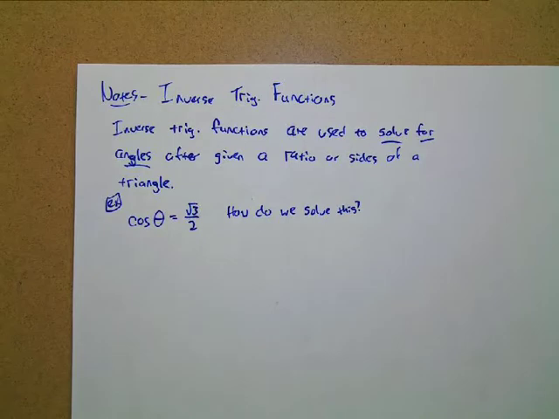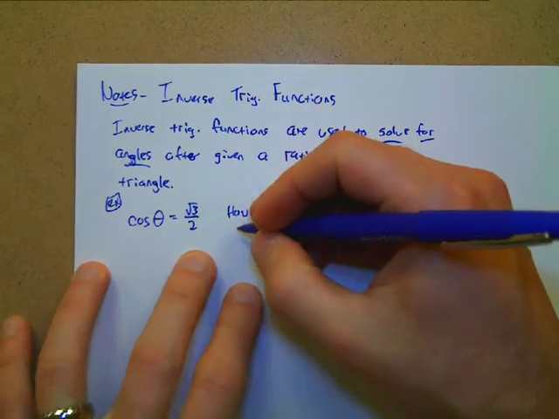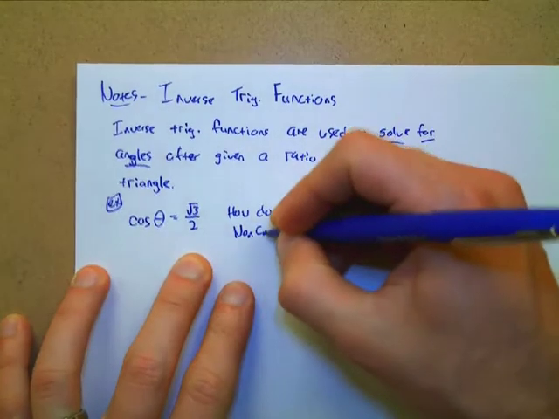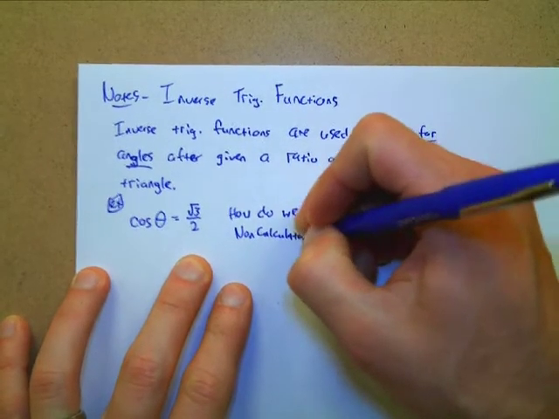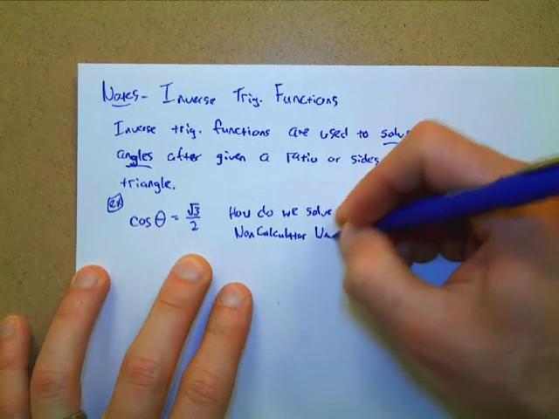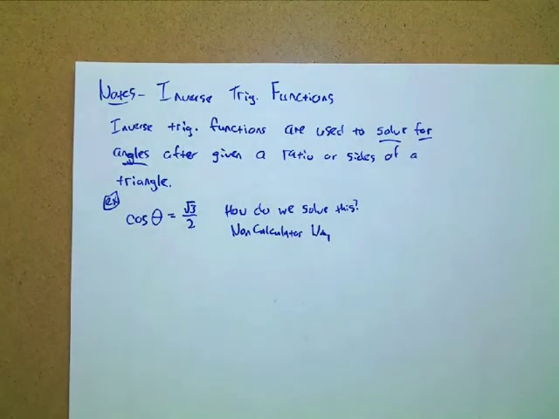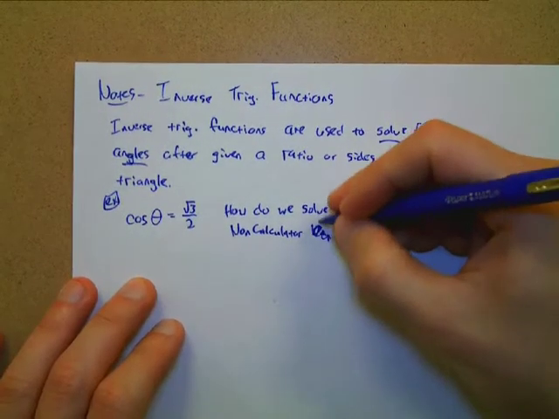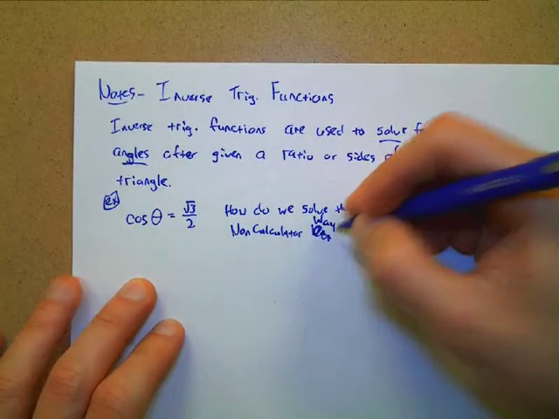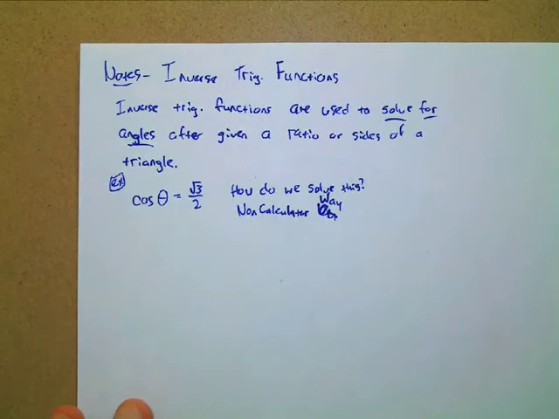Believe it or not, we can actually figure this out without a calculator. Now this one is unique. Not every one of these will we be able to solve without a calculator, right?